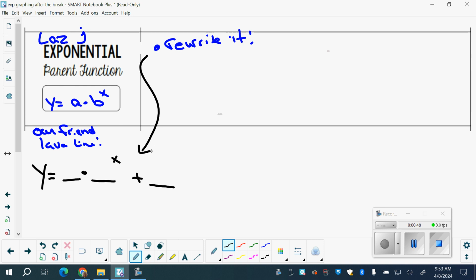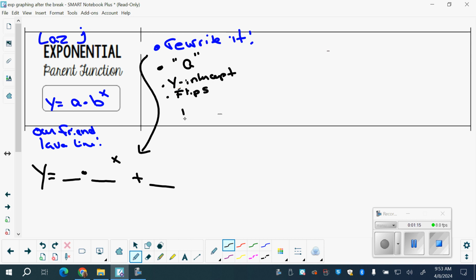Now, a couple things that we want to know. The first thing is that little a is going to have some nice jobs. The first thing is he's going to give us our y-intercept. And he tells us if stuff flips.